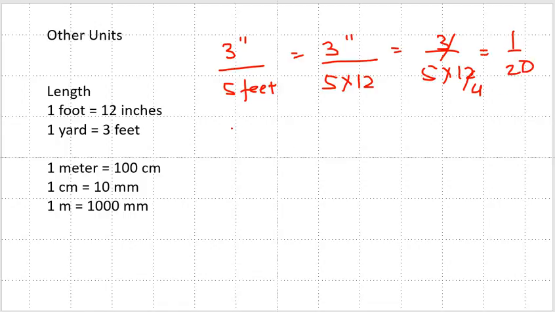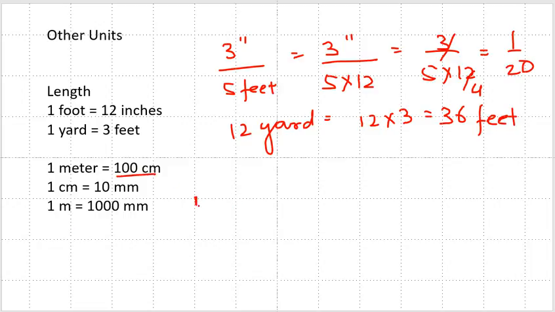How many feet in 12 yards? 1 yard equals 3 feet. That is 12 times 3 equals 36 feet. Finally, we talked about 1 meter equals 100 centimeters. Well, 1 centimeter, approximately, equals 10 millimeters.